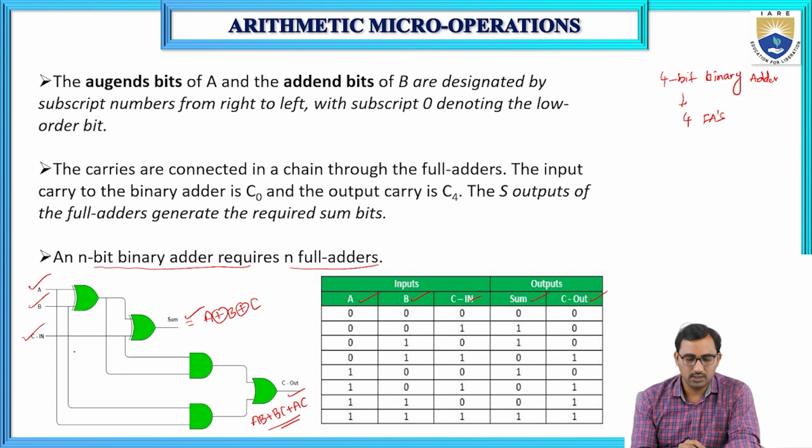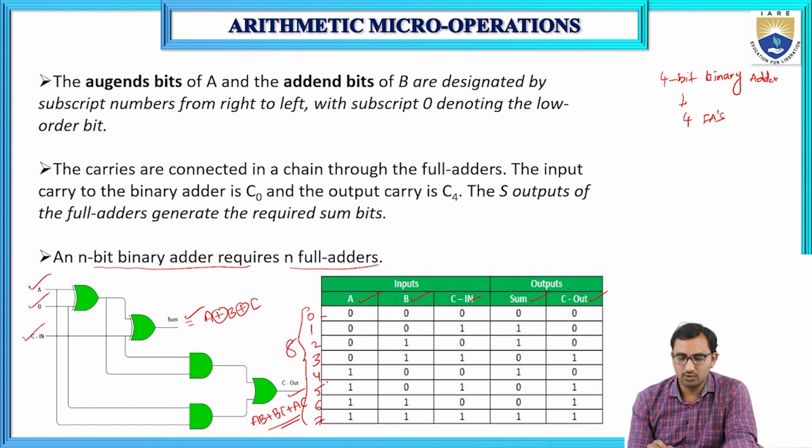Since we have 3 inputs, we can have 2 power 3 combinations. That means 8: 0, 1, 2, 3, 4, 5, 6, 7. So in total we have 8 different combinations. When all my inputs are 0, 0, 0, what will be my sum?